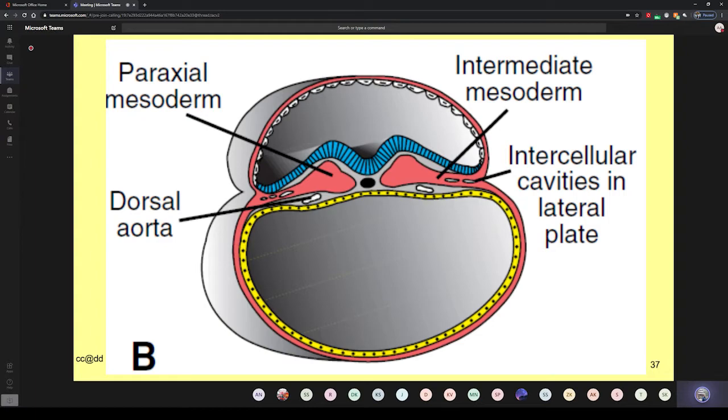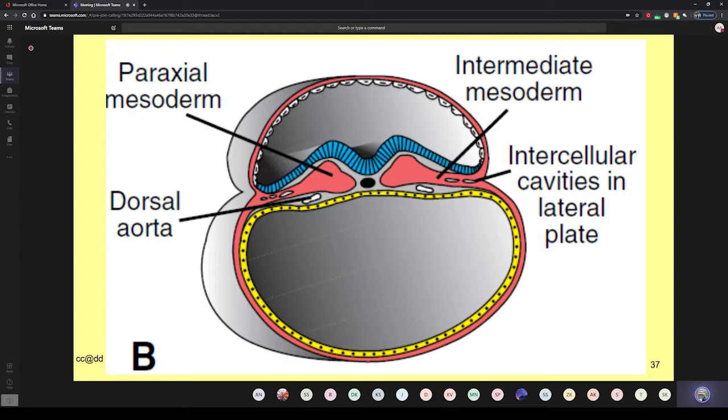So you can see just by the side of the notochord, what do you see? Paraxial mesoderm. Fine. Come to the most extreme, where you see some seed-like white spaces appearing, and it is very nicely labeled lateral plate. Those seed-like spaces are labeled as intercellular cavities. Relax.